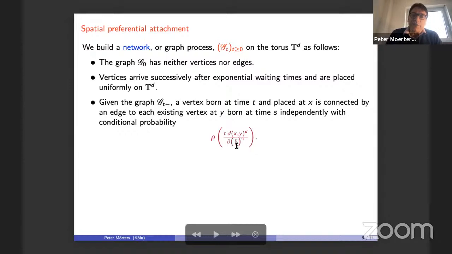And (t over s) to the gamma is the expected, or asymptotically the expected, degree of the vertex born at time s, looked at at time t.